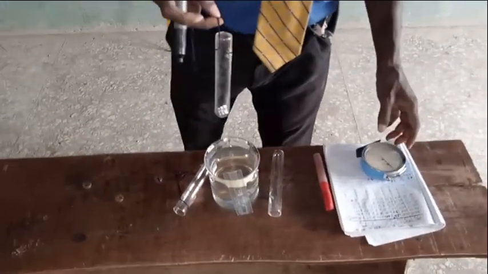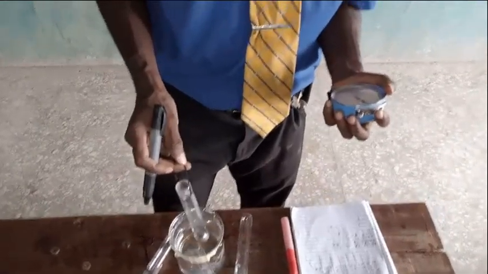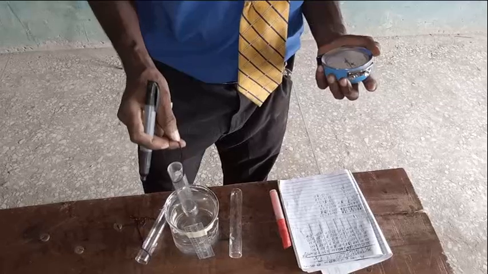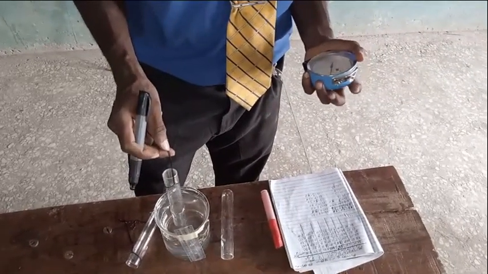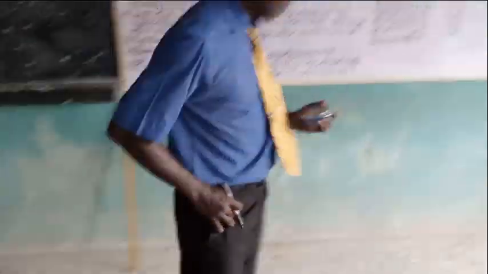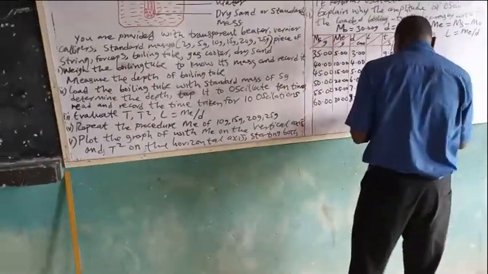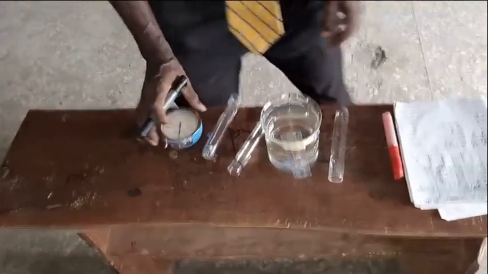This one will give us, we start again. 1, 2, 3, 4, 5, 6, 7, 8, 9, 10. So these are the values.